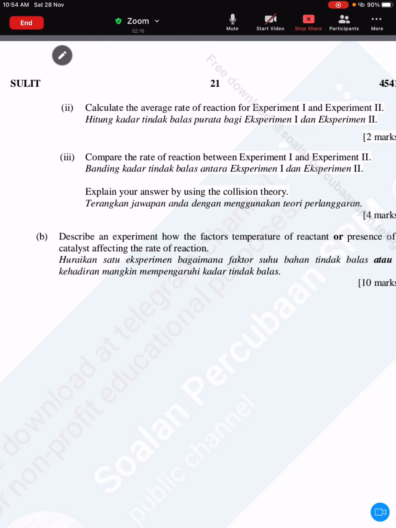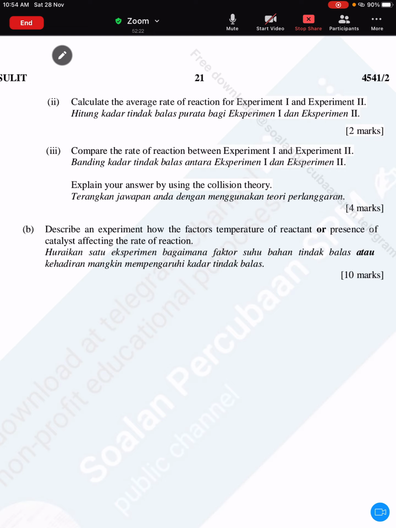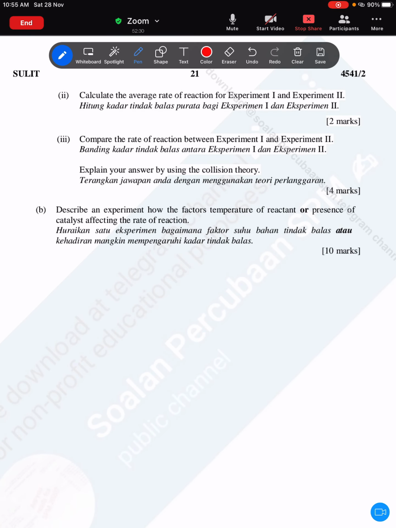Now, compare the rate of reaction between experiment 1 and 2. What can you say? No, you compare first.